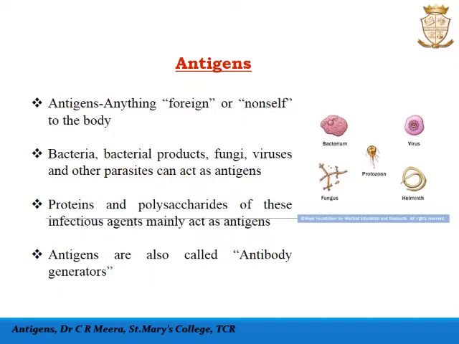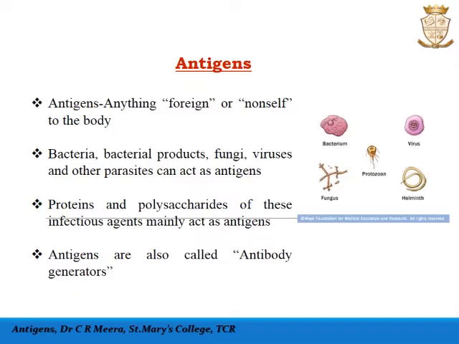Proteins are the major antigens and polysaccharides rank second. In contrast, lipids and nucleic acids of these infectious agents do not act as antigens unless they are coupled with proteins or polysaccharides.